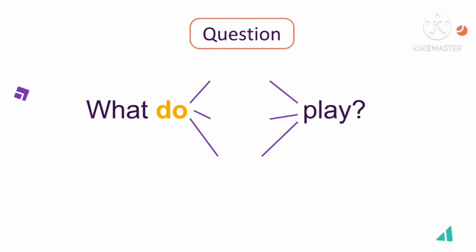Now the question. How to ask the question? Well, the question is supposed to be this. What do subjects play? In this case, what do you play? If you ask your partner in talking, or what do they play, or what do we play?